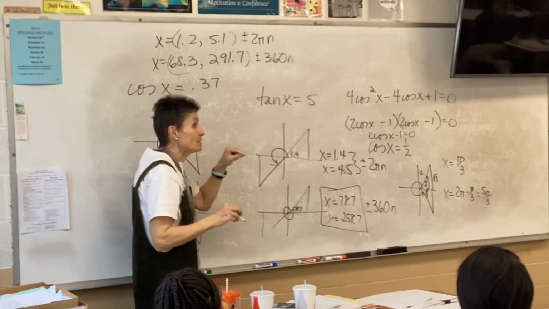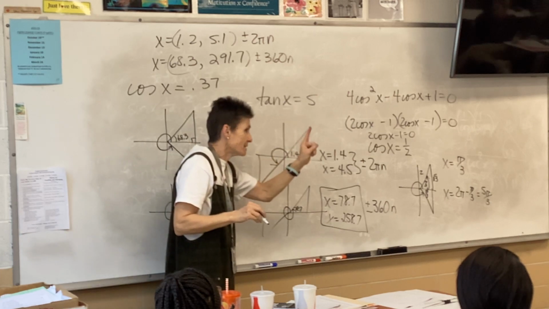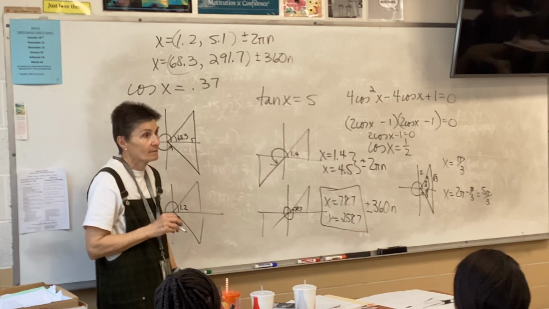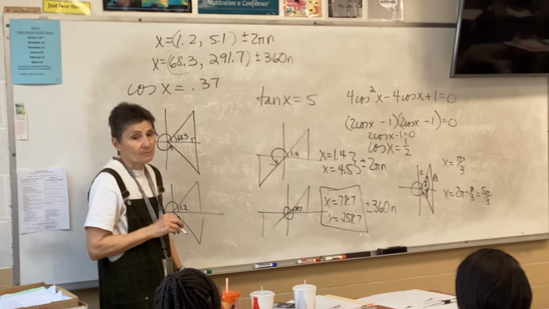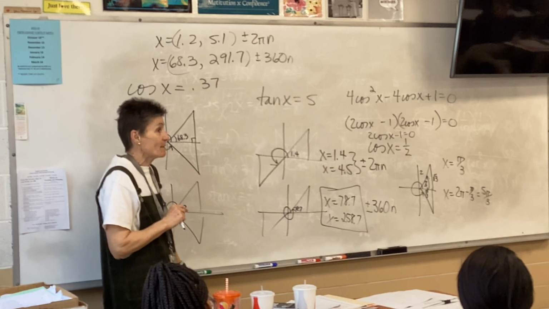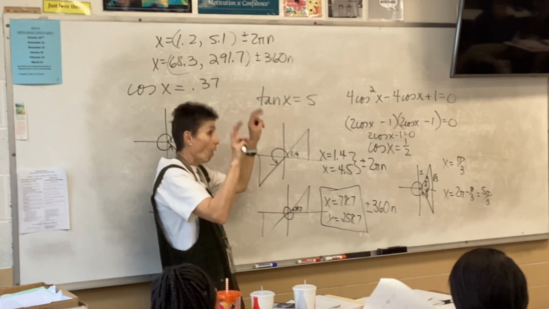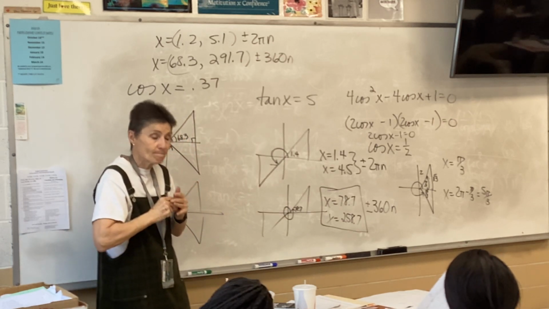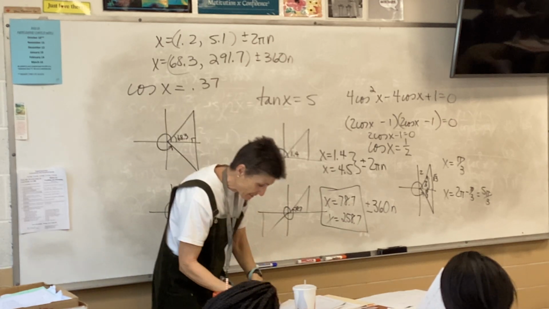So if we're in degrees, we're adding 360s. If we're in radians, we're adding or subtracting 2 pi's. Okay, got it? The only reason I did that is because it said find all, and there are infinitely many of them. All right, that's it for that section.